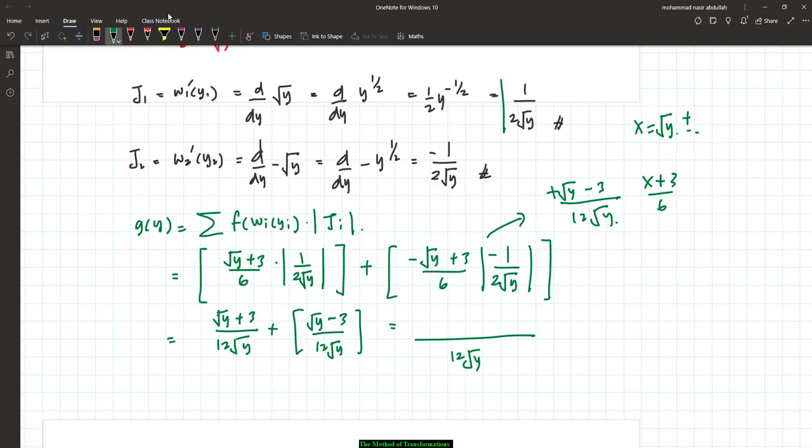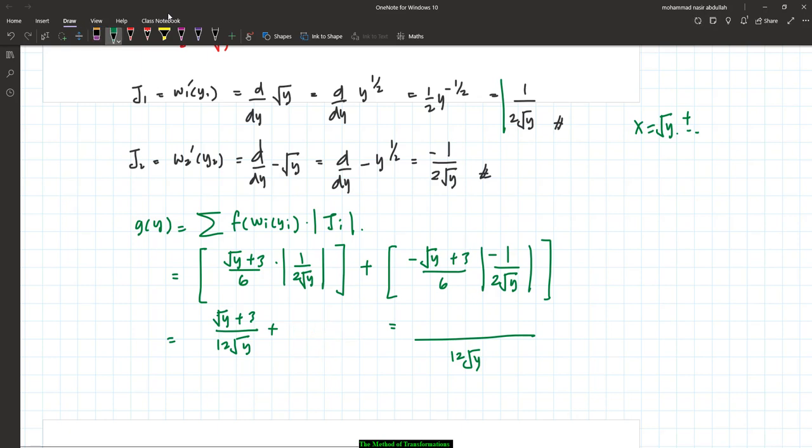Oh tak boleh I confuse again, right? Sorry. This is absolute kan, mana boleh ada negatif? Ayo, you all pun tak cakap kan. So this is absolute, mana boleh ada negatif? So still benda yang sama lah. So this is negative square root of y plus 3 divided by 12 square root of y.